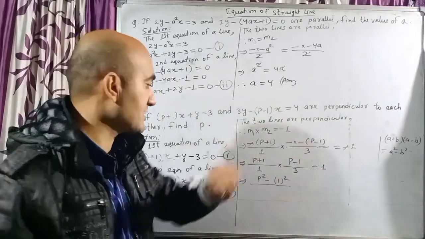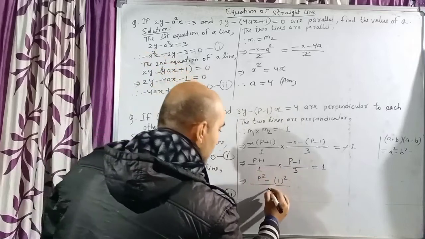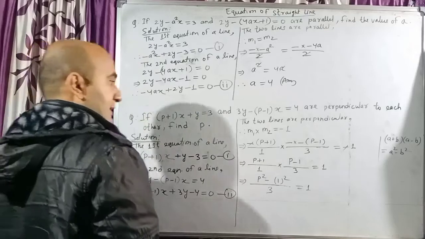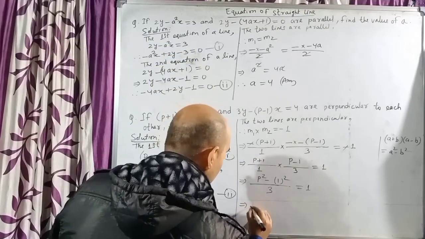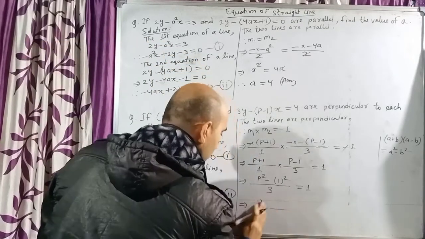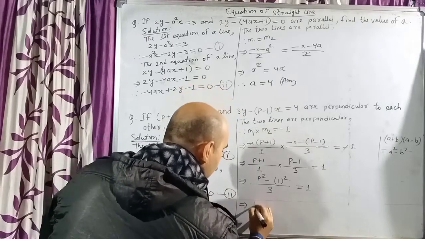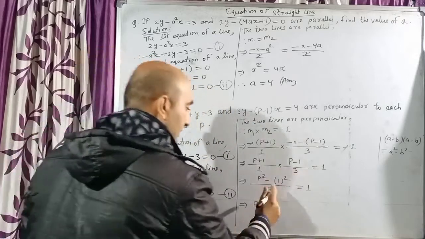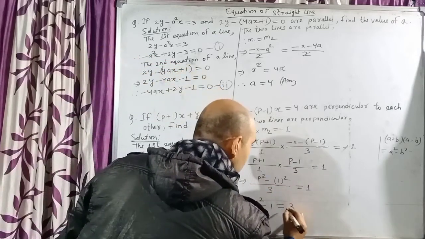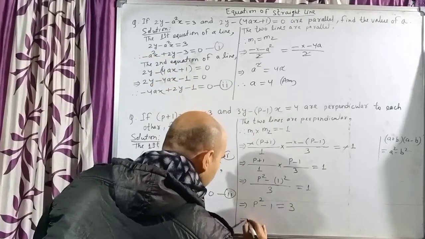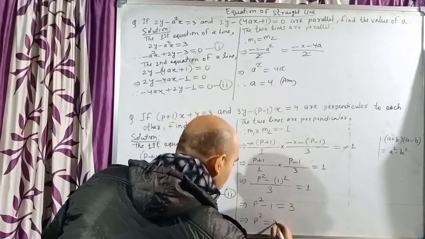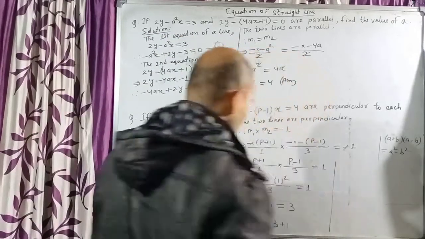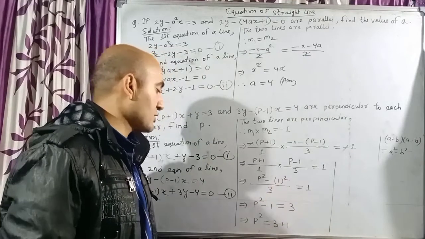A square minus b square. And here I will write 3 ones are 3 equal to 1. I can write p square minus 1, 1 square is 1, and here 3 ones are 3 will cross multiply. Next I can write p square equal to 3 plus 1, because minus 1 went and became plus 1.